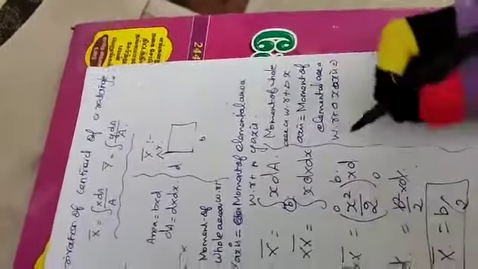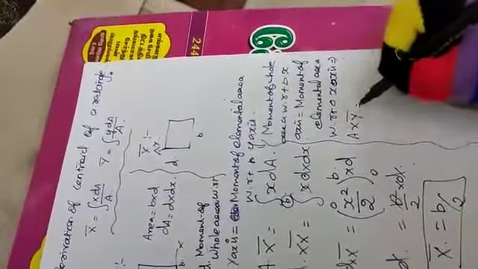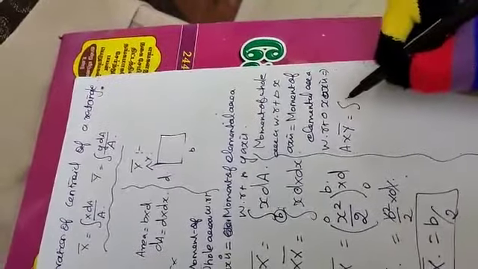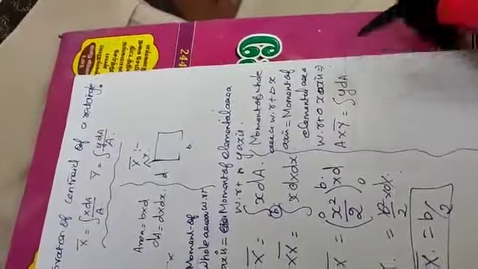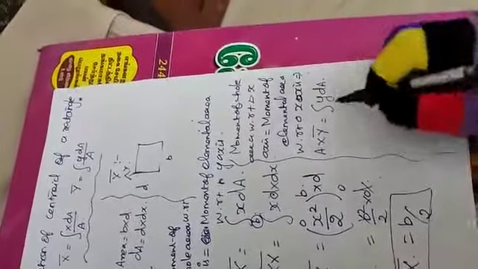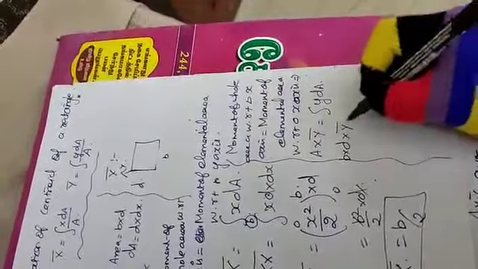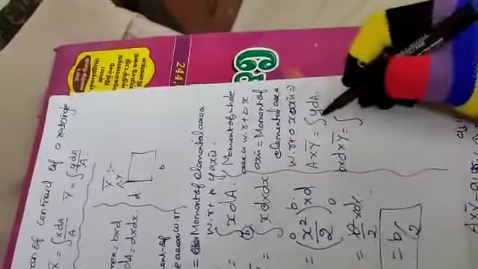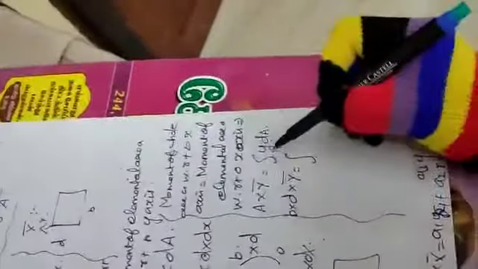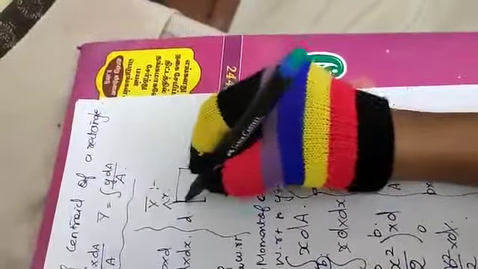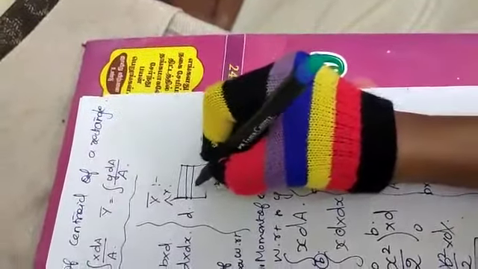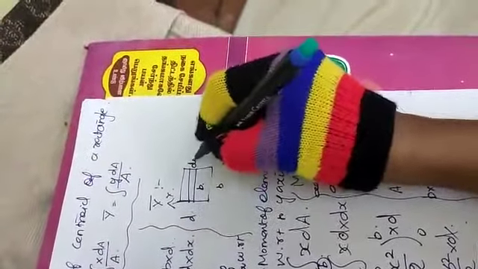The formula is A y bar equals the integral of y dA. The area is b multiplied by d, and y bar we keep like that. Now I didn't take the elemental area, so I'll go here and take an elemental area of width b, thickness dy.